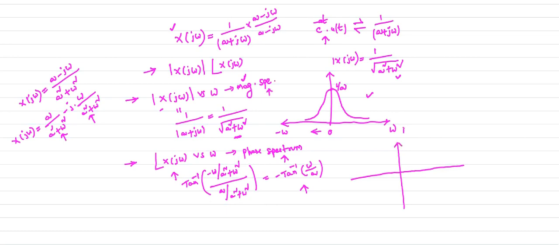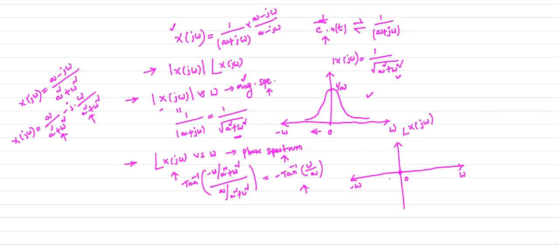This is the angle of X of j omega, with omega and minus omega on the axis. Whenever omega is 0, we should get 0 phase.